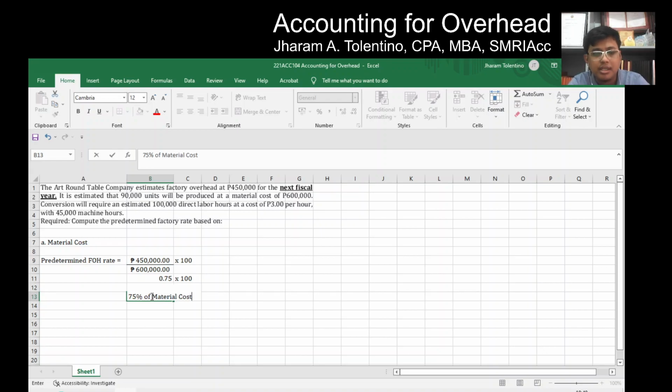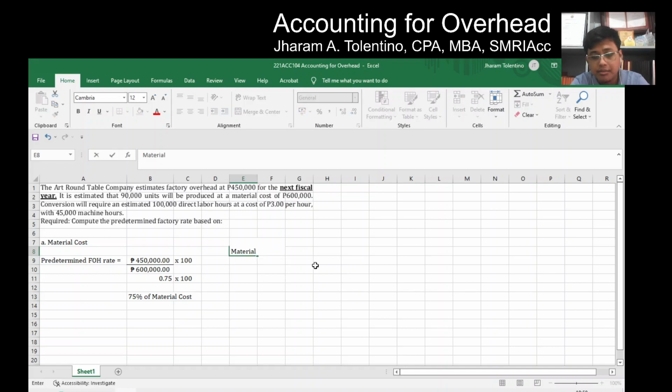Yan ang ibig sabihin. So, anong ibig sabihin nun? Halimbawa, for the month of January, for the next fiscal year, sabi niya, material cost incurred is 50,000.